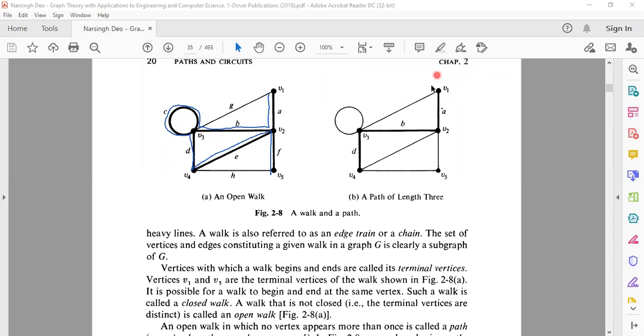So actually the open walk is this one. You are coming to V1, to V2, and then to V3 and then to V4. But you cannot retrace V3 twice. If you retrace V3 twice, then it will be a walk, but it will not be a path. So in a path, your vertex shouldn't repeat itself more than once. That is a very important point, and that has been mentioned over here.